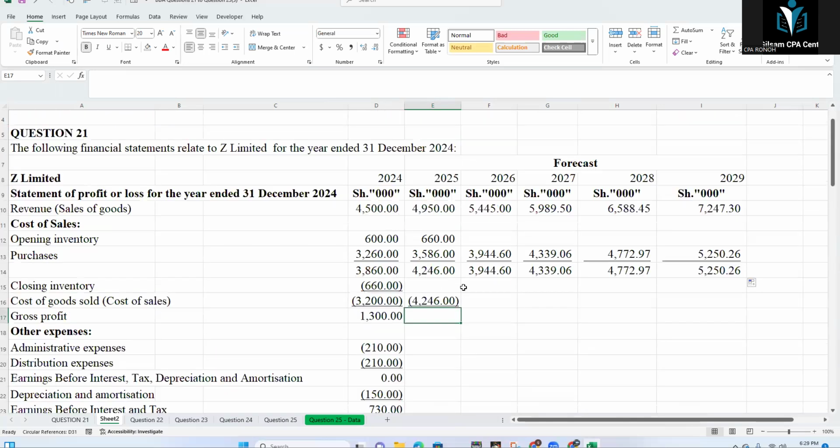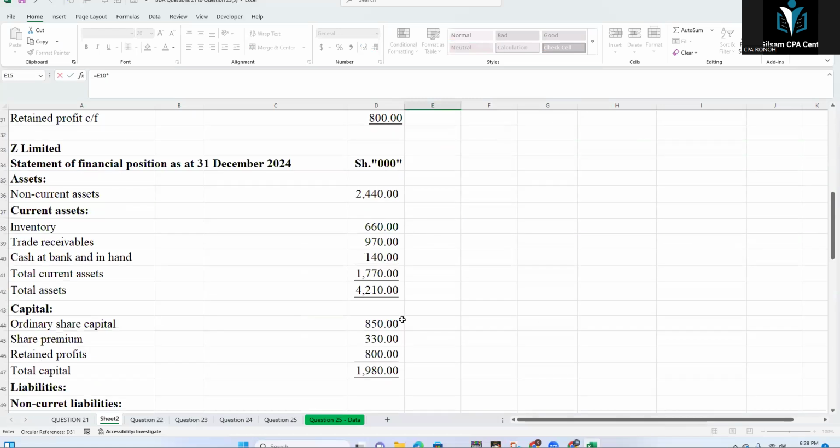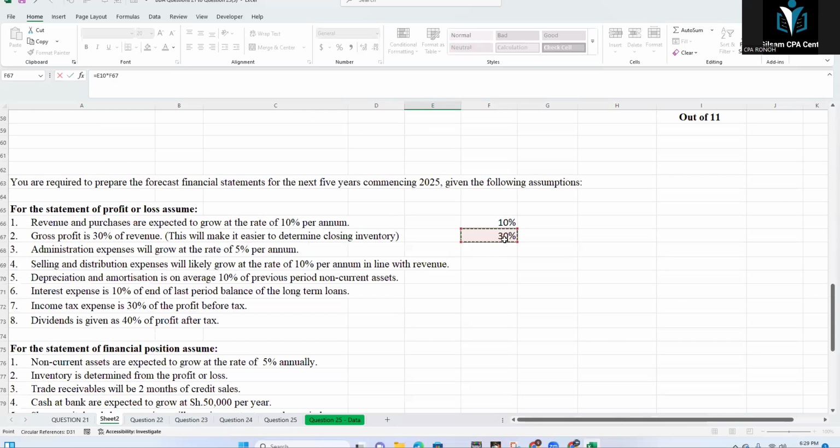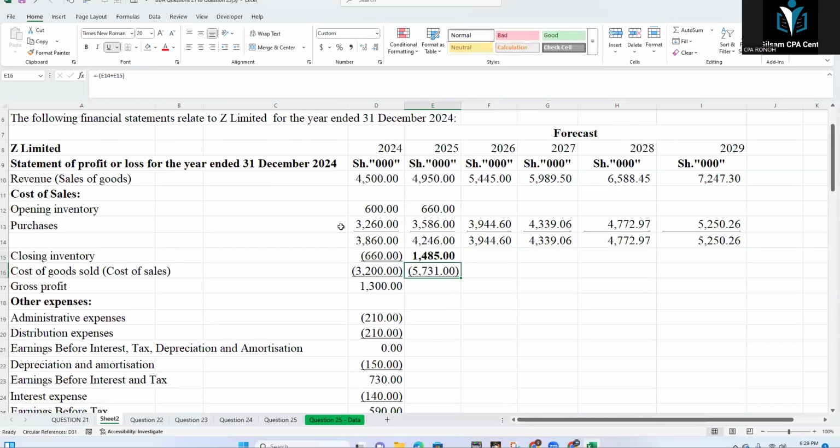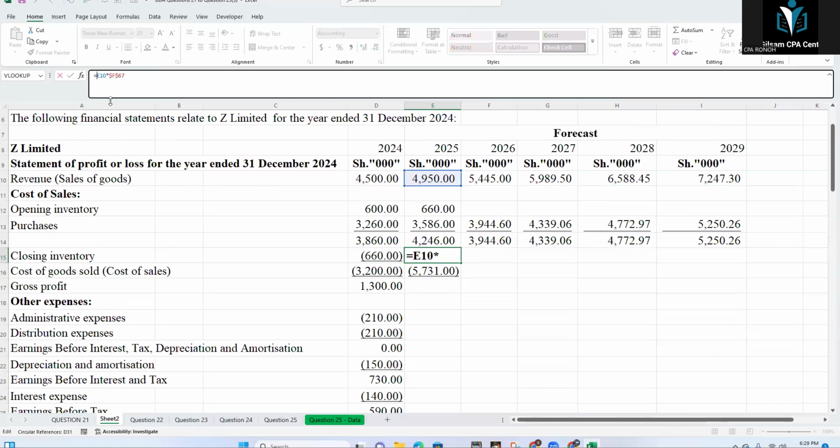So I will say here equals this multiply by whatever I have here. And I can fix that by pressing F4, enter. So this is my closing stocks, and I can put the bracket, close the bracket, start with the negative.